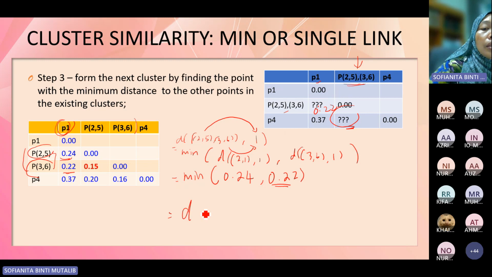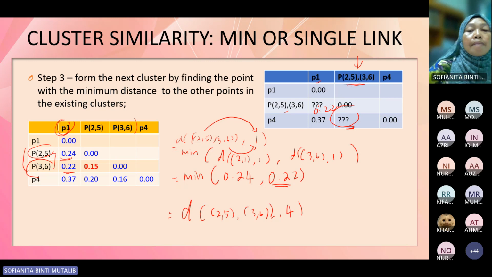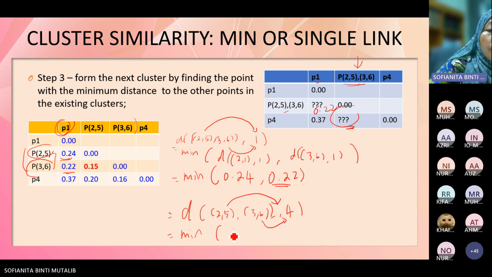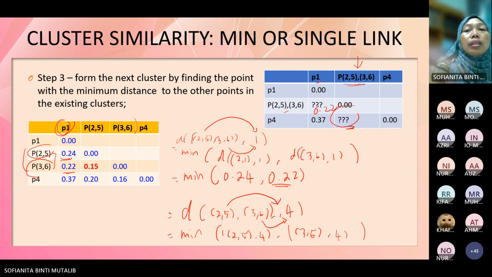For this, it is equal to the distance of 0.25, 3, 6, 2, 4. Okay, the minimum of 2, 5, 2.4, and 2, 5, 2, sorry, 3, 6, and okay.